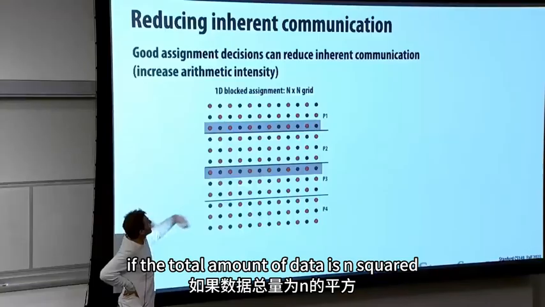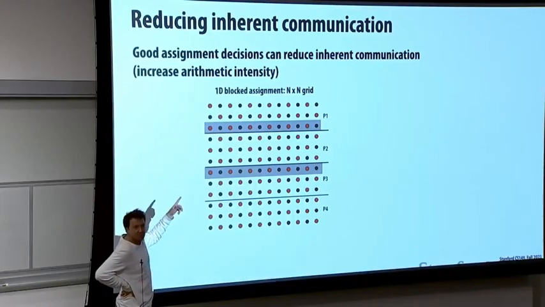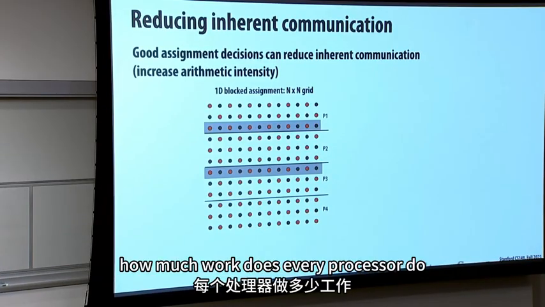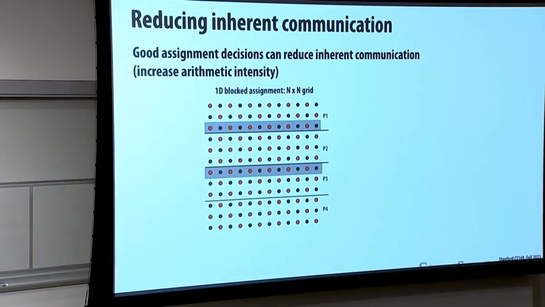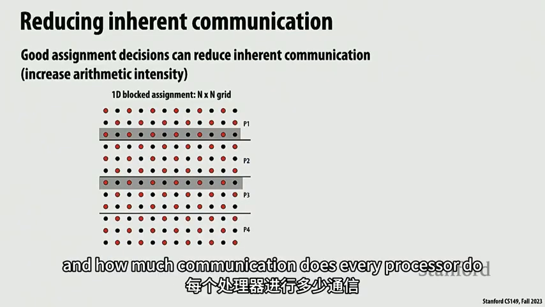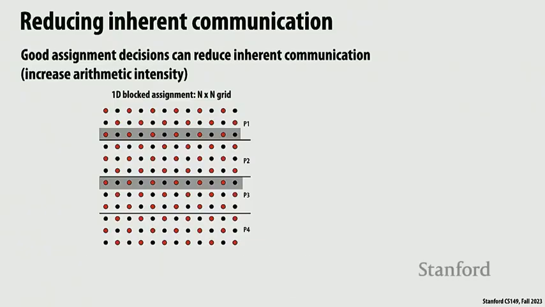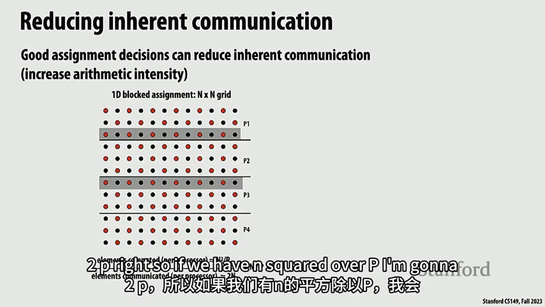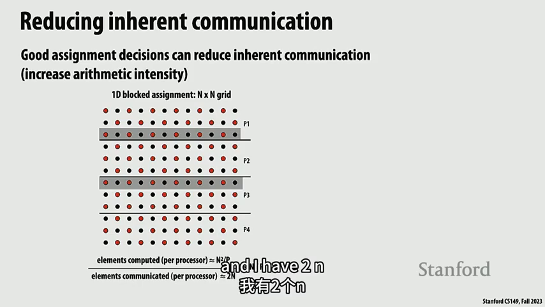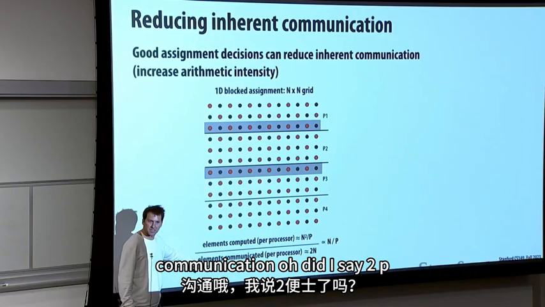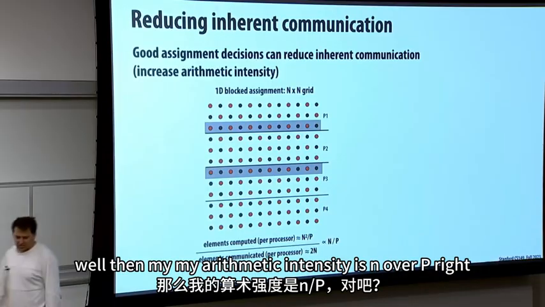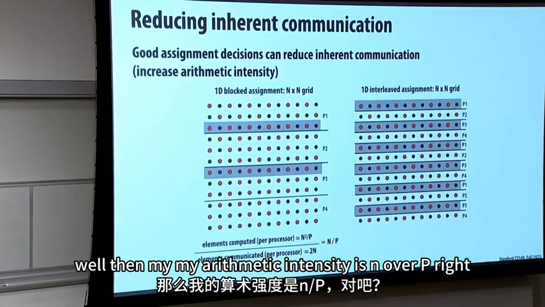If the total amount of data is n squared, and I divide this up amongst p processors, how much work does every processor do? N squared over p, right? And how much communication does every processor do? 2p, right? So if we have n squared over p, I'm going to drop my constants, and I have 2n communication. Oh, did I say 2p? Sorry, yeah, 2n, right? It's the width of the thing. Well, then my arithmetic intensity is n over p, right?